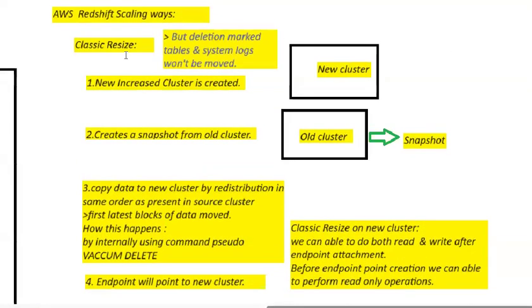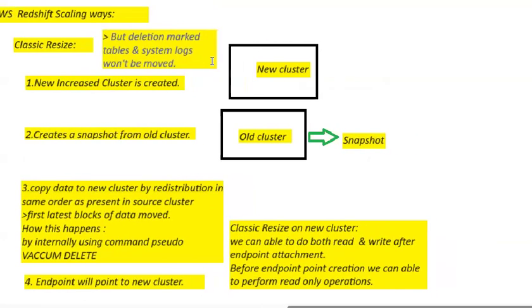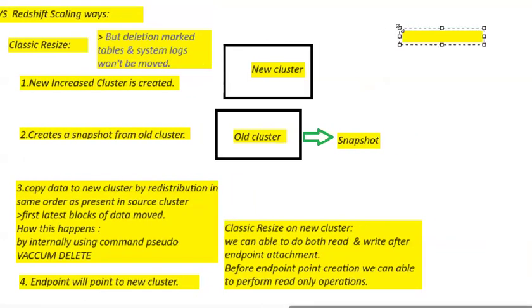So this is the same process for resizing either in classic or elastic. Let's see the major differences between classic resize and elastic resize. This is the elastic resize, let's say. In elastic resize as well, the process will be the same, but there will be some major changes. In classic resize, what data is moved to the new cluster?